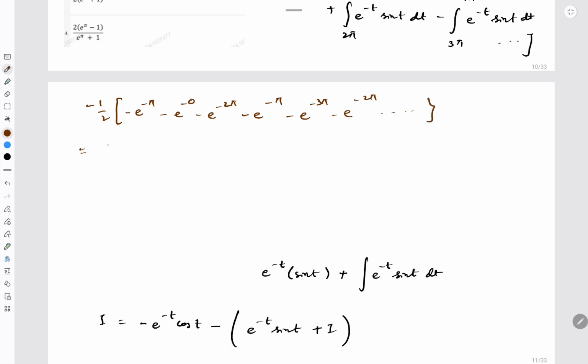The minus sign is common, so I can take the minus sign outside, along with 1 by 2. I can see that for 0 I have one term, for pi I will have two terms, for 2 pi two terms, for 3 pi two terms. So it is like 1, e power 0 is 1. I have taken the minus sign outside, so plus 2e minus pi, plus 2e minus 3 pi, not 3, plus 2e minus 4 pi, and so on.